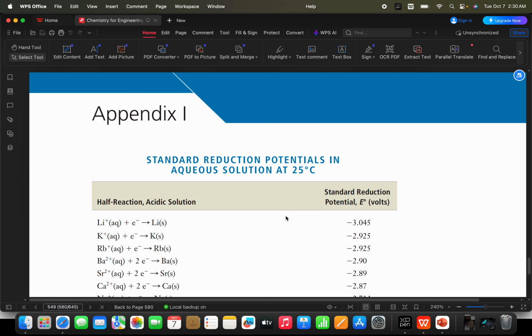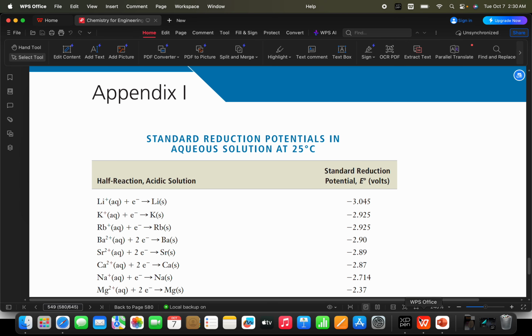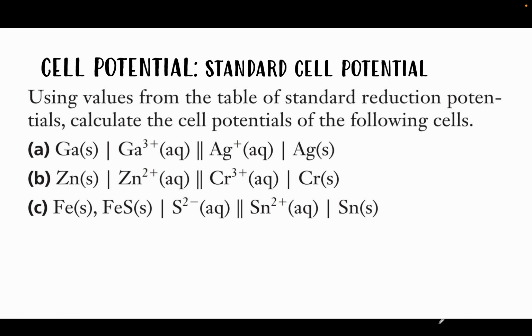So let's zoom in. Okay, going back to our examples, for letter A we have gallium.